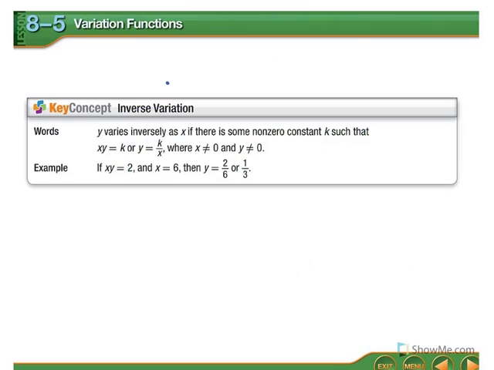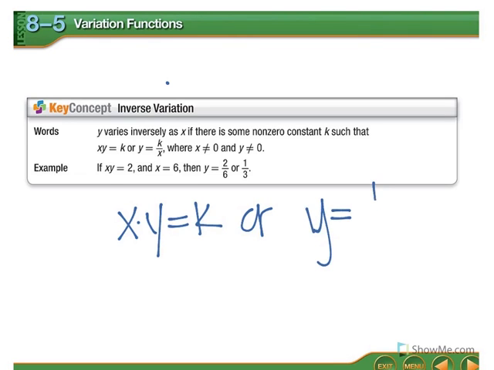All right, so another concept we're going to talk about is inverse variation. Okay, so y varies inversely as x if there is some non-zero constant k such that x times y is going to equal our constant, or you can think about it this way: y is equal to k divided by x.